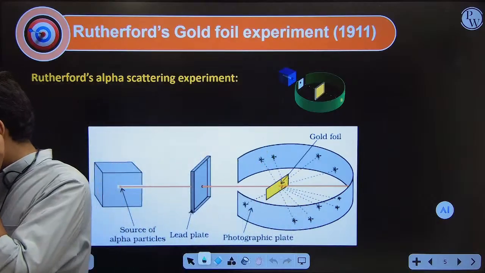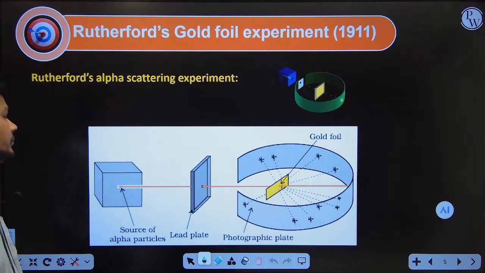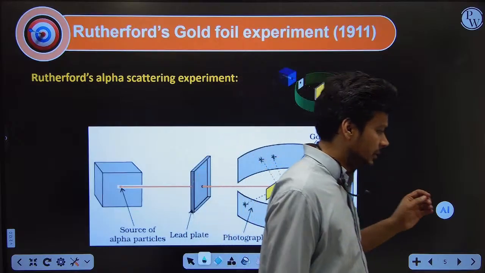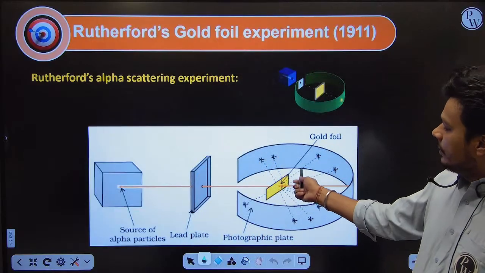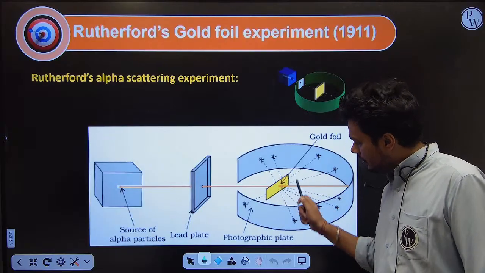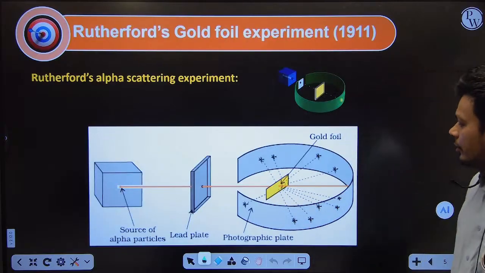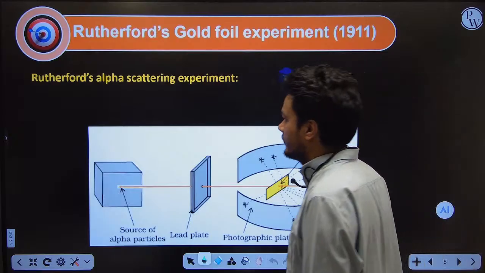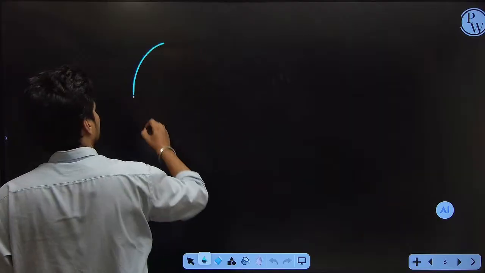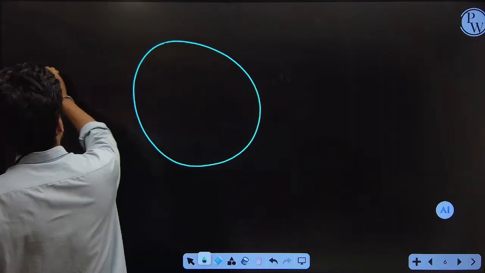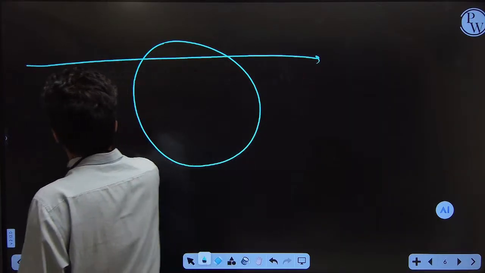You take alpha particles and make a beam of them, and through that beam you bombard a very thin gold foil. And what do you see? What happens?